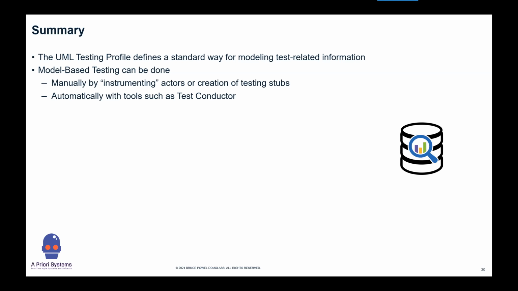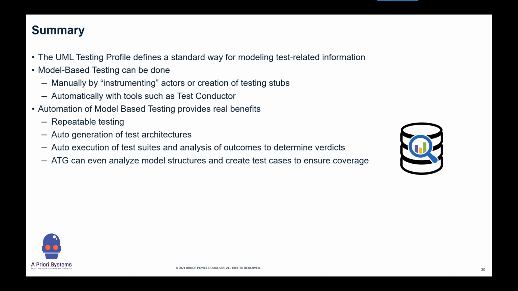For small, toy models, not so important, but for big models, it saves a lot of time. And the automation of model-based testing provides some real benefits. Repeatable testing: I can apply the test cases again because I have them all in models. I can auto-generate test architectures, test suites, and outcomes. I can even create test cases from ATG if I want to do that.